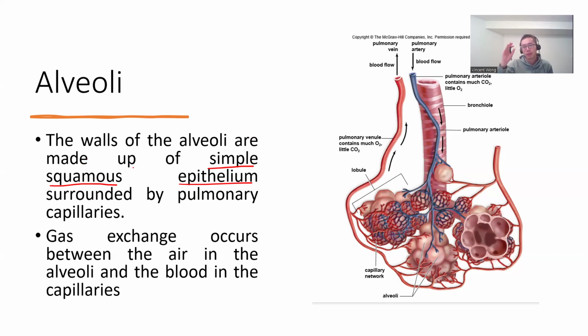These are very thin cells, which allows the gas to go through without much trouble. Gas exchange occurs between the air in the alveoli and the blood in the capillary. Oxygen goes into the blood, and carbon dioxide goes from the blood back into the alveoli.